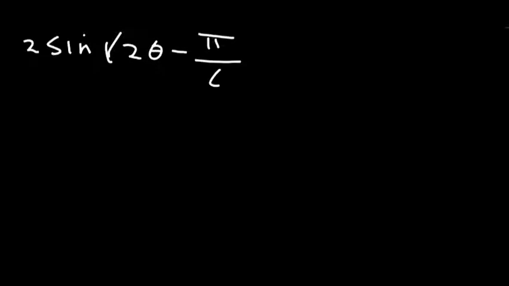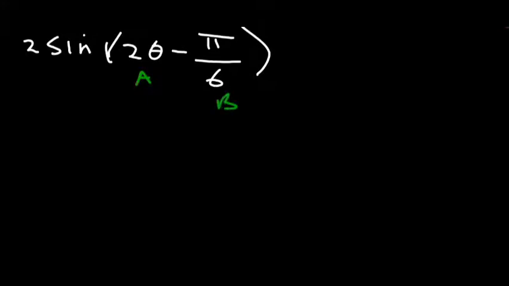What do we have on the right hand side? On the right hand side, we've got 2 sine 2 theta minus, sorry, pi over 6. Okay, yeah. So now we are going to say our a is 2 theta, and then this is b.